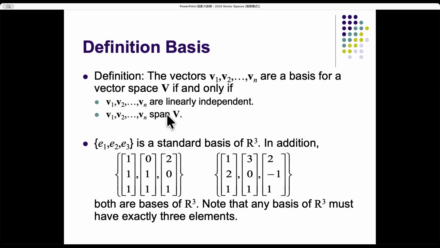According to the second requirement, the basis is a spanning set, right? The basis is a spanning set because the vectors in a basis must span that vector space, right? Okay.